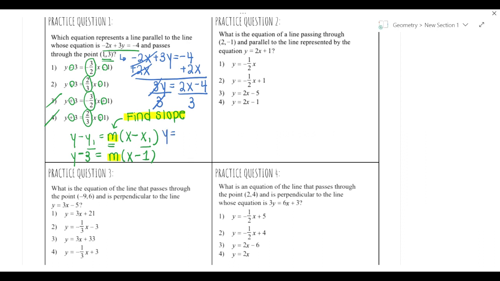Now I have y = 2/3 x - 4/3. So I know that the slope here is 2/3. So I'm going to replace this m with 2/3. And so my answer should have been option number 2.